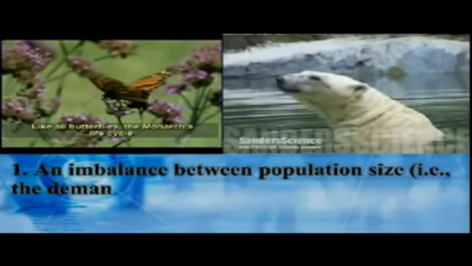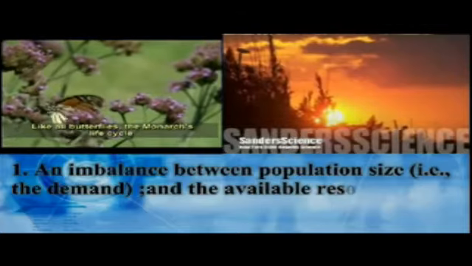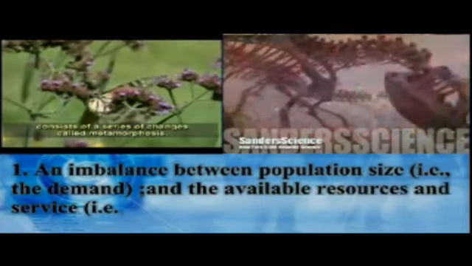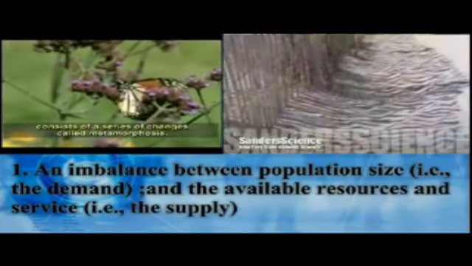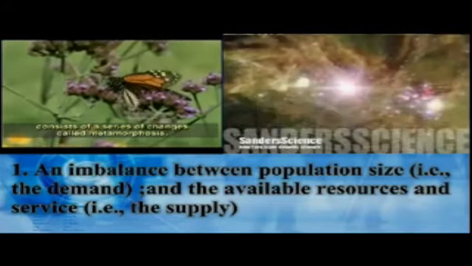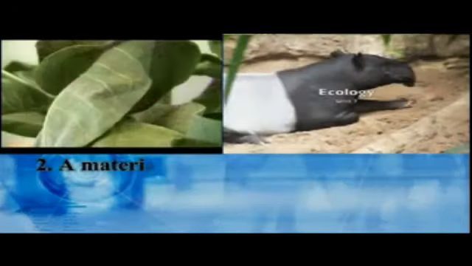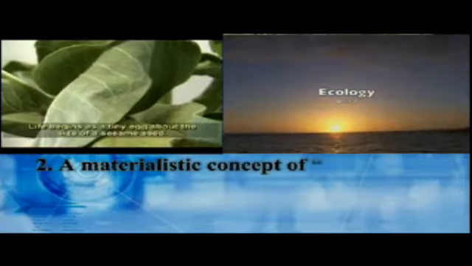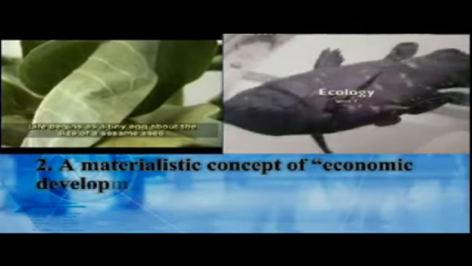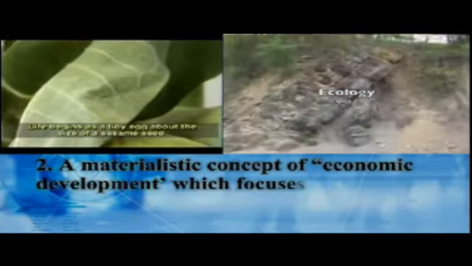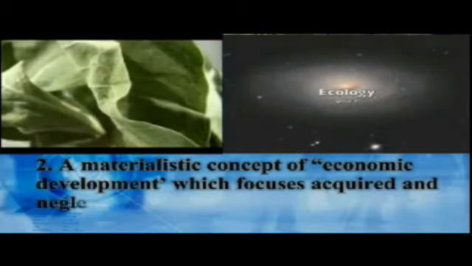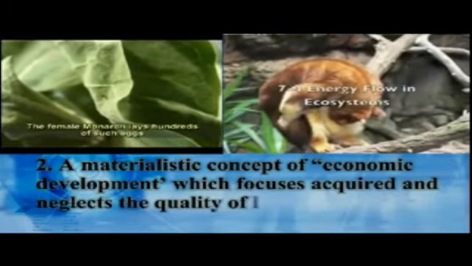First, an imbalance between population size, that is the demand, and the available resources and service, that is the supply. Second, a materialistic concept of economic development which focuses on acquiring and neglects the quality of life.